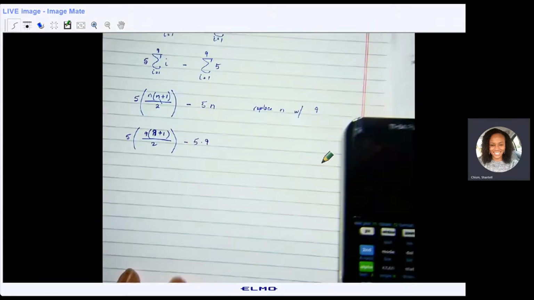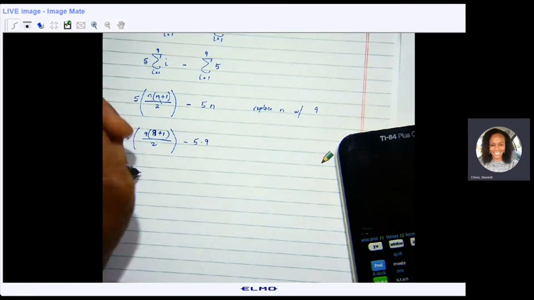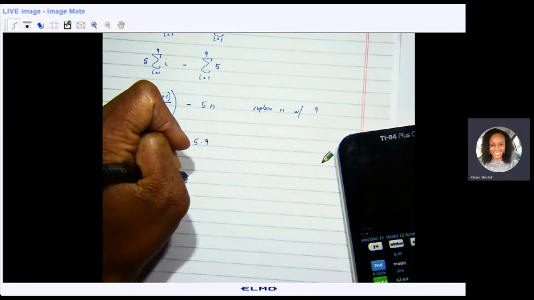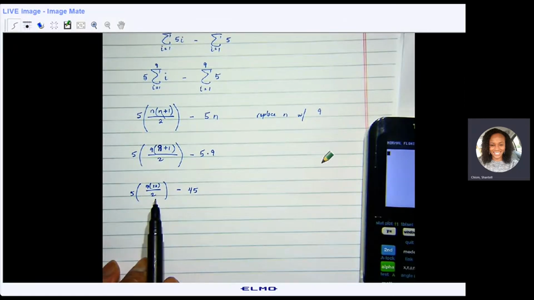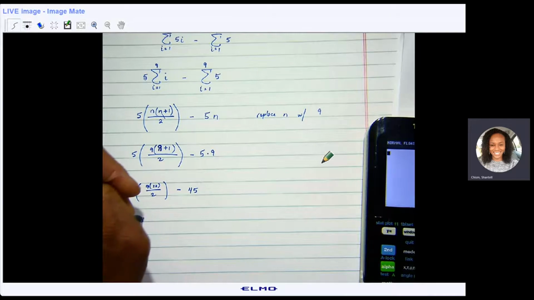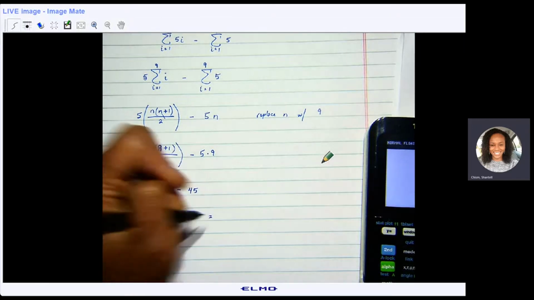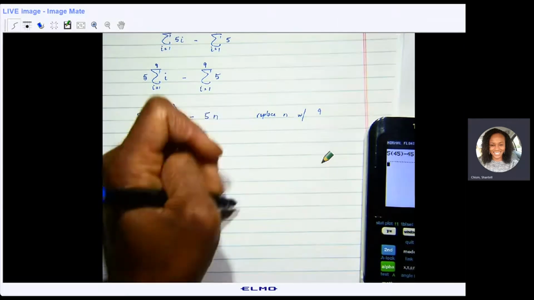Okay. So up front still, 9 times 10 over 2, and then minus 45. So 90 divided by 2, which is what, 45? And then 5 times 45 minus 45 equals 180.